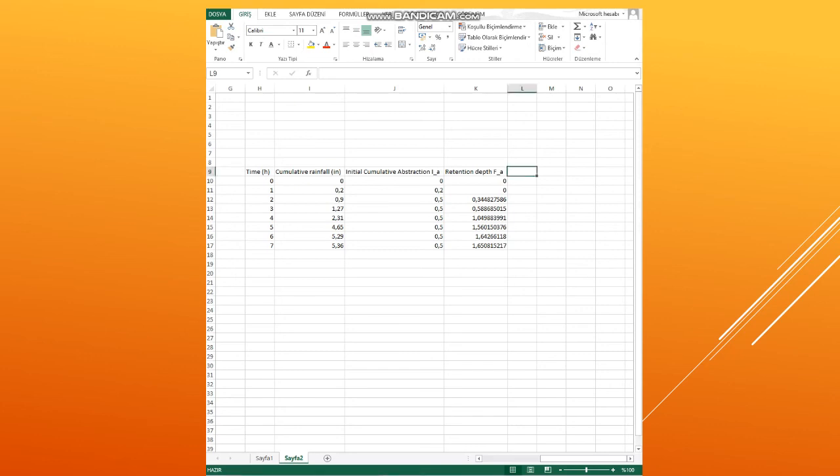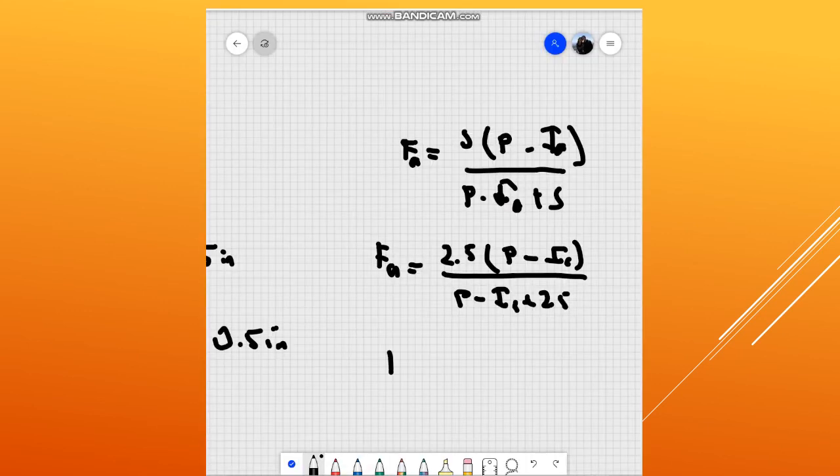So cumulative excess rainfall, which is in our case PE, right? We know that from the continuity equation, let's write it here, PE is equal to precipitation minus initial obstruction minus retention, which is FA.